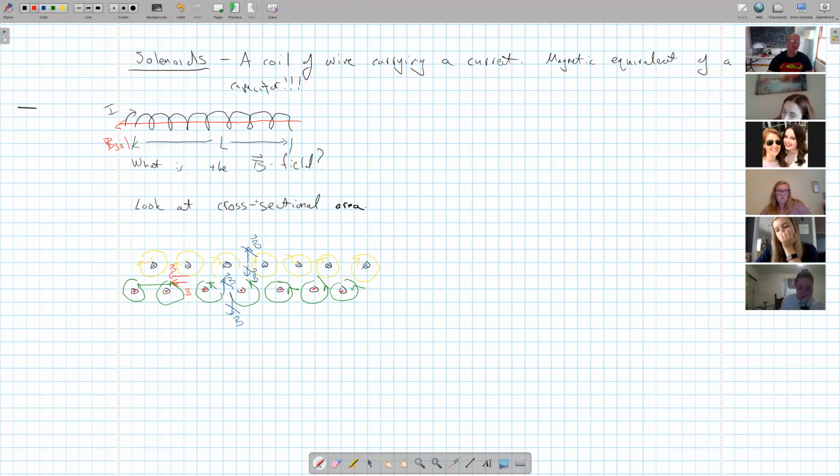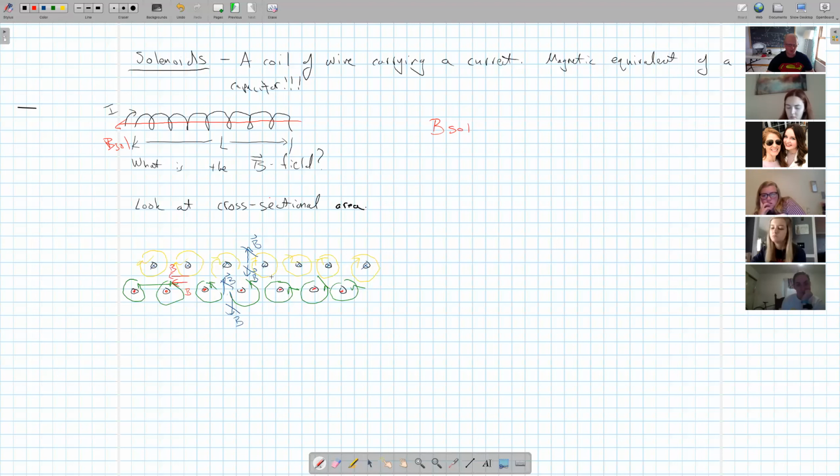Now, of course, the direction it's going to be going is dependent on the direction the current is actually running. So here I have the current running out and then going in, which makes it point in this direction. If it was doing the opposite, if it was running out here and coming in down here, it would point in the opposite direction. Okay. Now, it turns out that this magnetic field is actually constant.